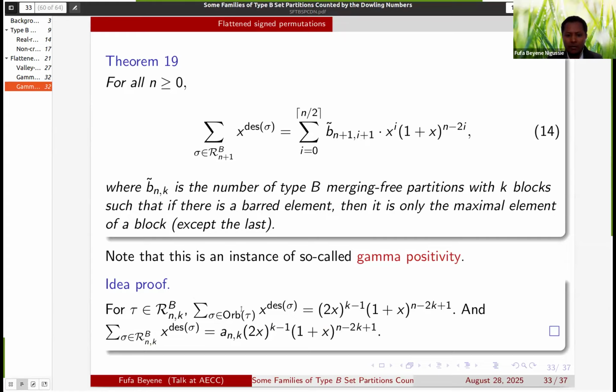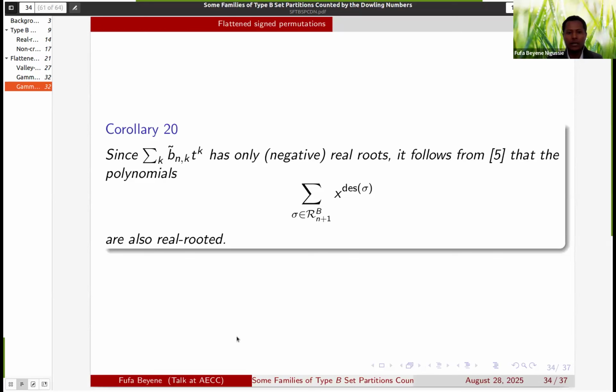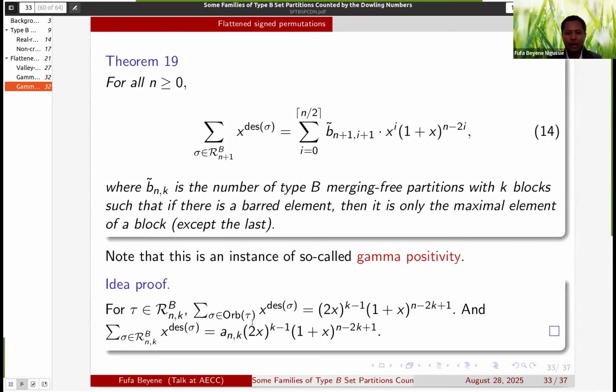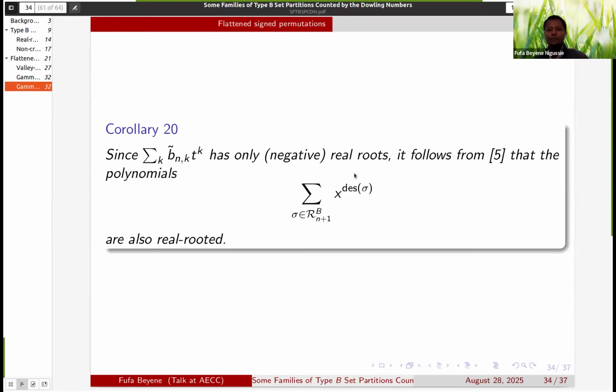From the orbit equality here, you have A_{n,k}, where A_{n,k} is the number of unsorted permutations over n having k runs. Therefore, combining these two, we have this one, due to the relation between A_{n,k} and B tilde_{n+1,k}.